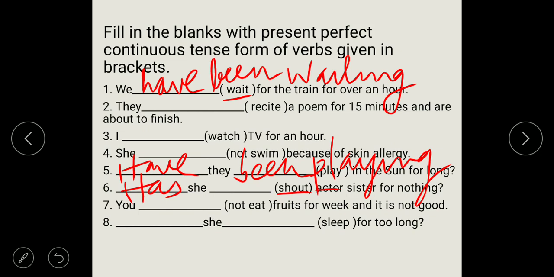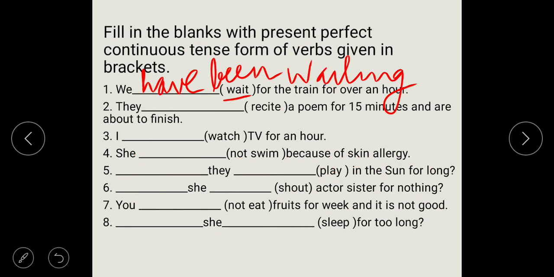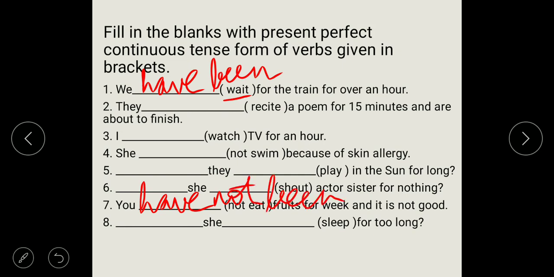Not is there, then you have not been eating fruits for a week and it is not good. After not we have to write been. Then eat is given, then eating. You have not been eating.